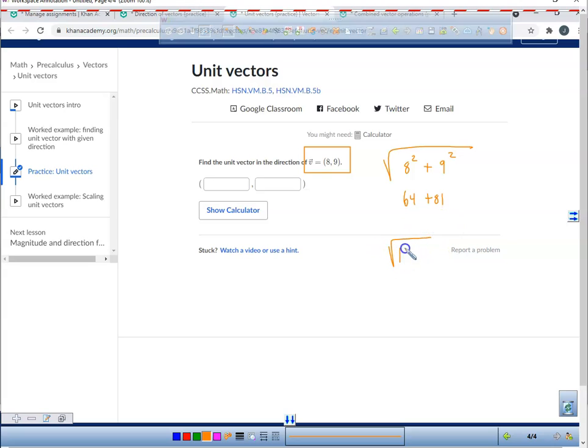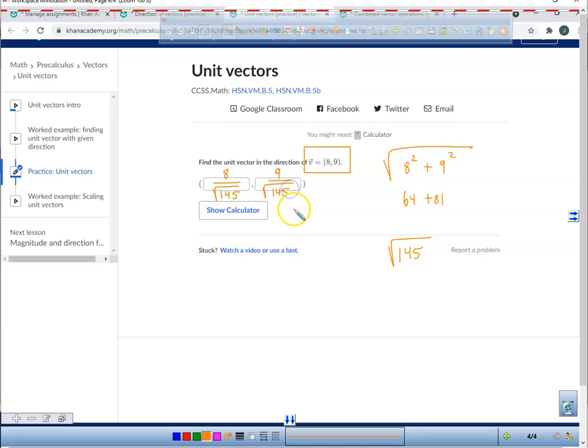So what would be our magnitude? The square root of what? 145. Okay? You don't have to simplify. Even if you get radicals that you have to simplify, don't worry about it. I just want you to understand. Here, all I'm going to do is put in 8 over the square root of 145. I'm going to put 9 over the square root of 145.